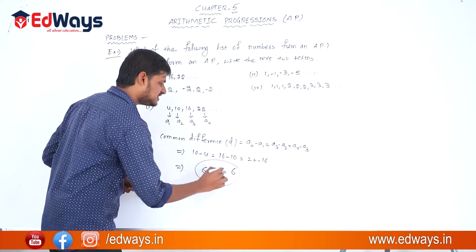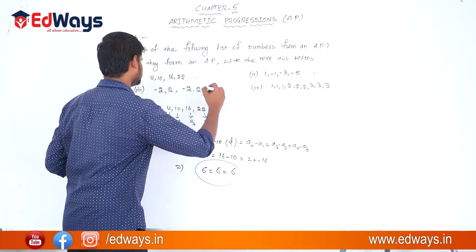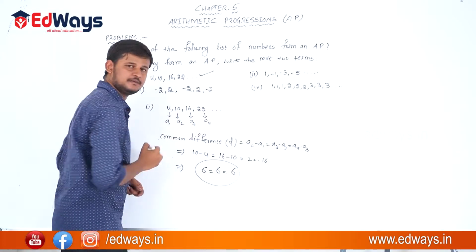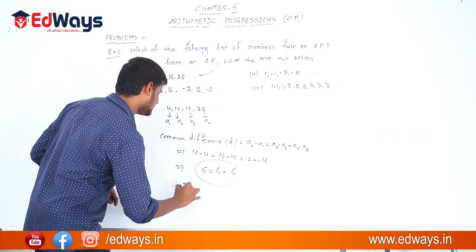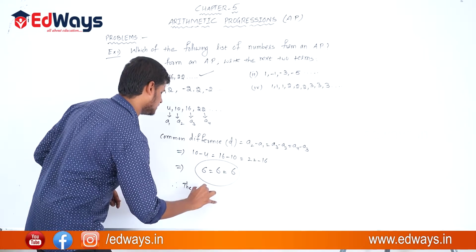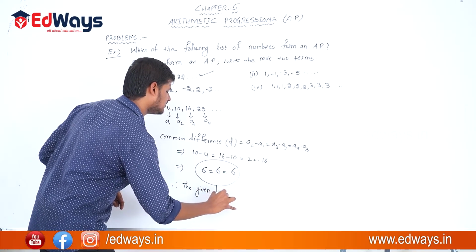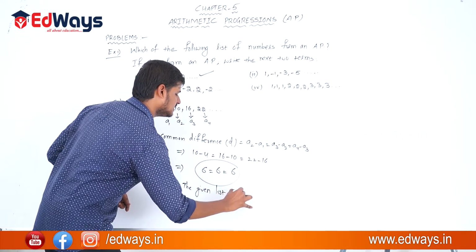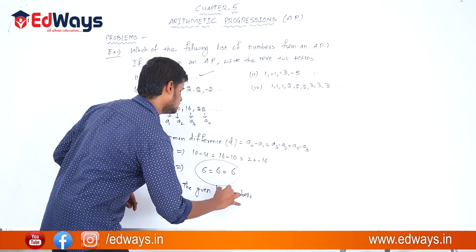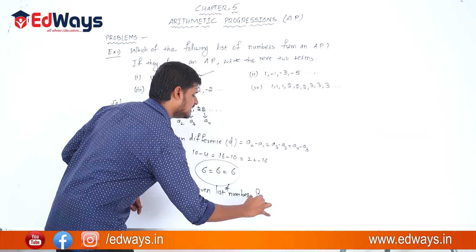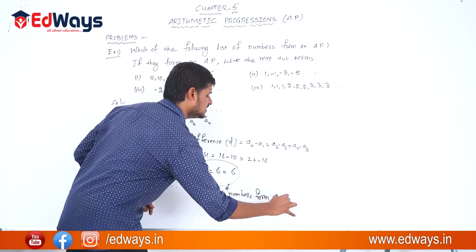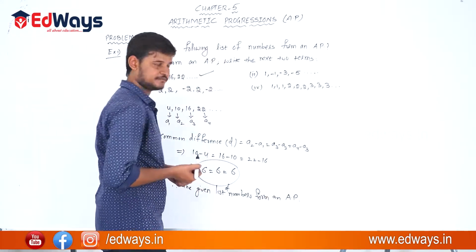If the common difference is the same, then shall I say the given list of numbers is in AP? Therefore the given list of numbers, the first one, forms an AP, because the common difference is the same.